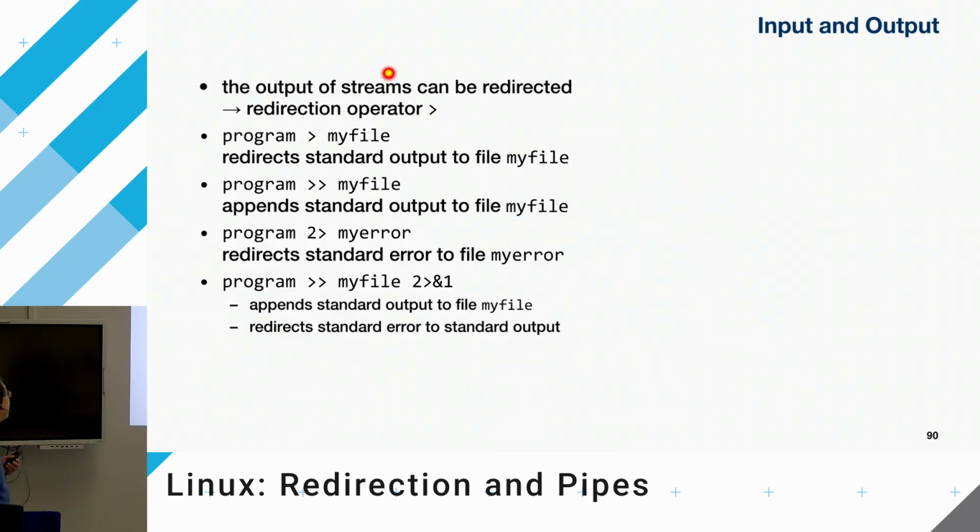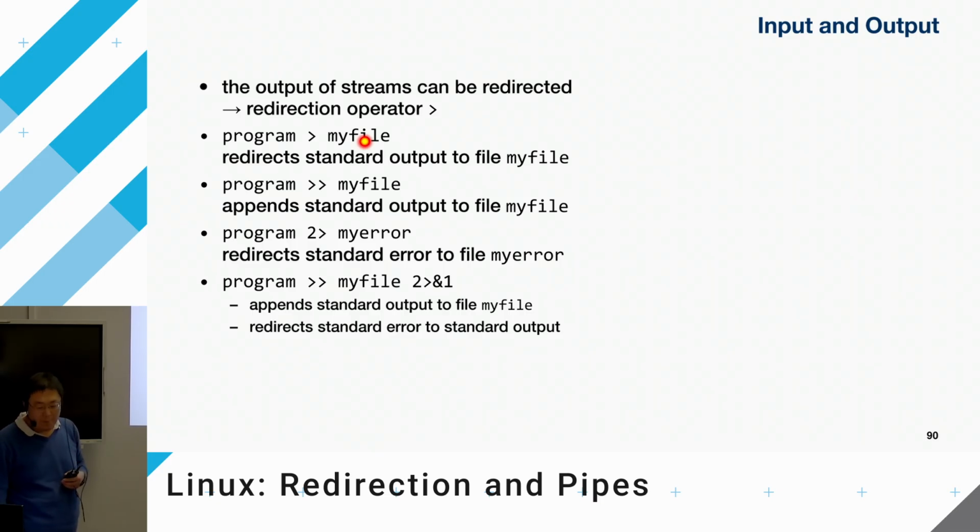Here I'm showing you the simplest case: using the output stream to redirect to a file. In this case, you can use this redirection operator, the greater than operator. So here, this means to redirect the standard output from your application, your program, to this file, my file.